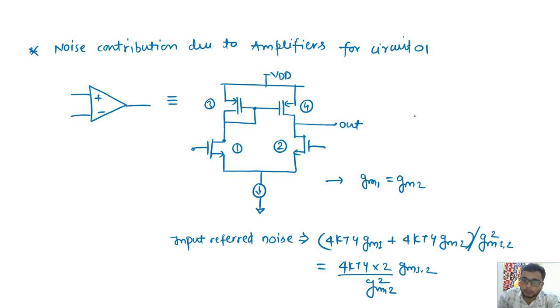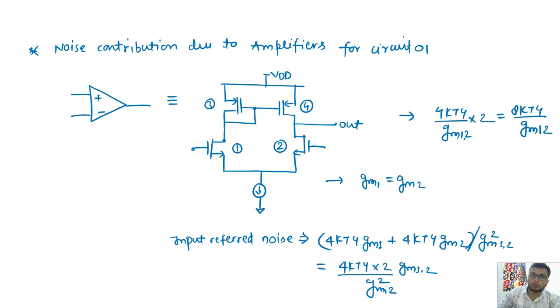So the input referred noise which is coming out for this is 4 kT gamma by gm of input pair 1,2 cross 2, which is nothing but 8 kT gamma by gm1,2. So this is the input referred noise due to this amplifier.